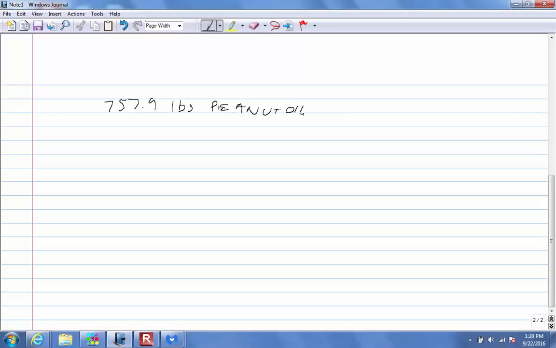And I know that my catalyst that I need to add to it is 0.007 pounds of catalyst. So I can just multiply that out, 0.007 of catalyst, and I get my answer.